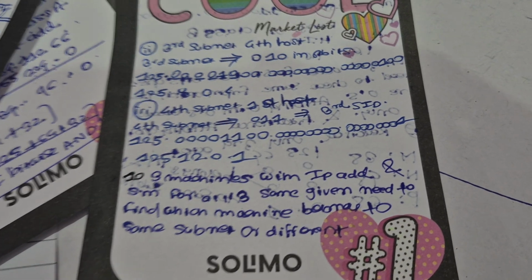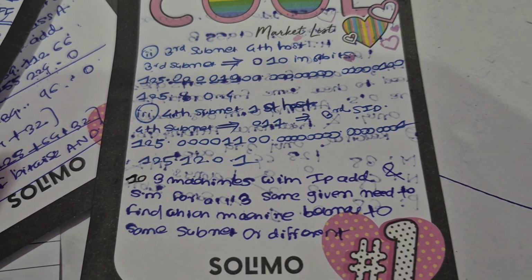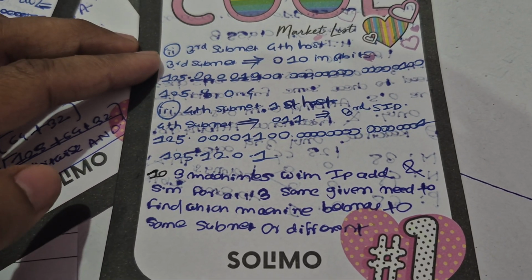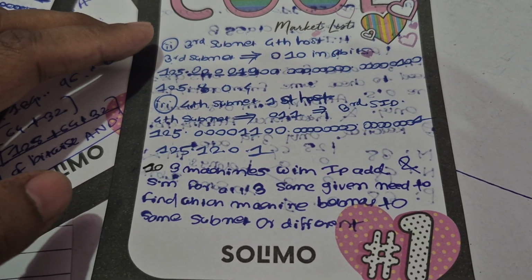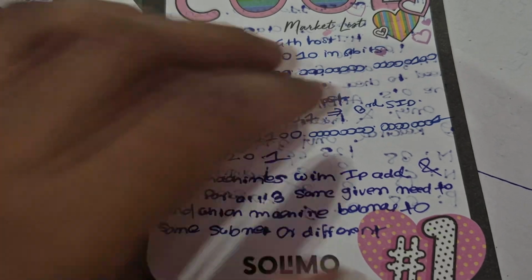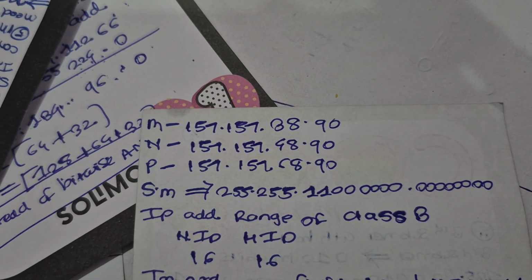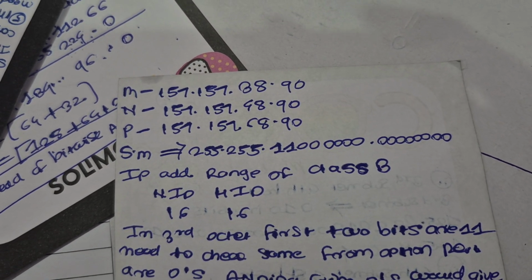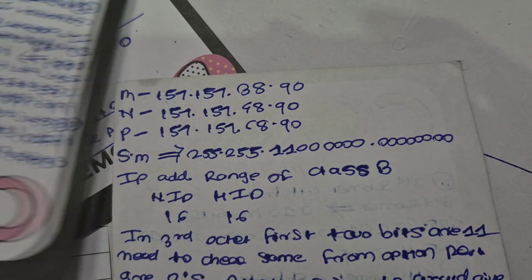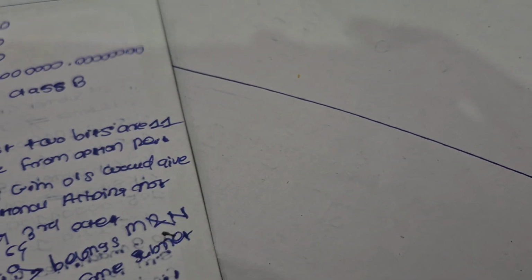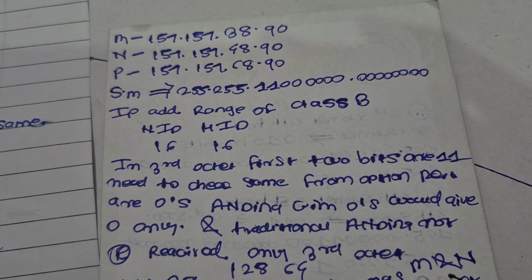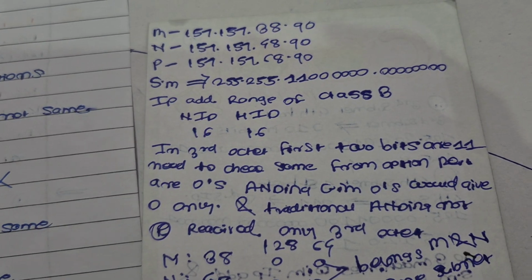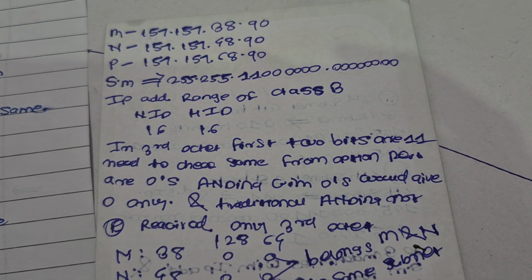3 machines with IP addresses and the same subnet mask for all 3 given. We need to find which machines belong to the same subnet or a different subnet. If you see, all 3 machines M, N, P have their IP address and subnet mask given. It belongs to class B, so 16 bits would be NID and 16 would be HID.